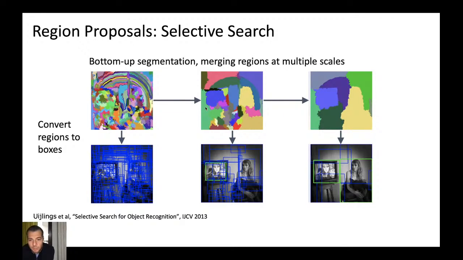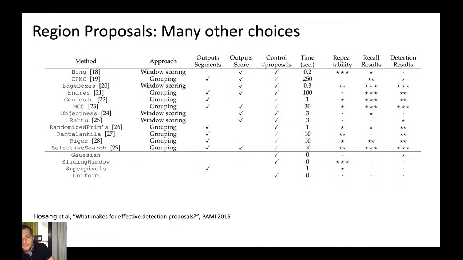Then we apply our CNN model on top of these bounding box proposals in order to estimate the class and the bounding box location. This approach based on segmentation is called selective search. It was introduced before deep learning models in order to speed up detection of objects in images, and the paper is called Selective Search for Object Recognition.